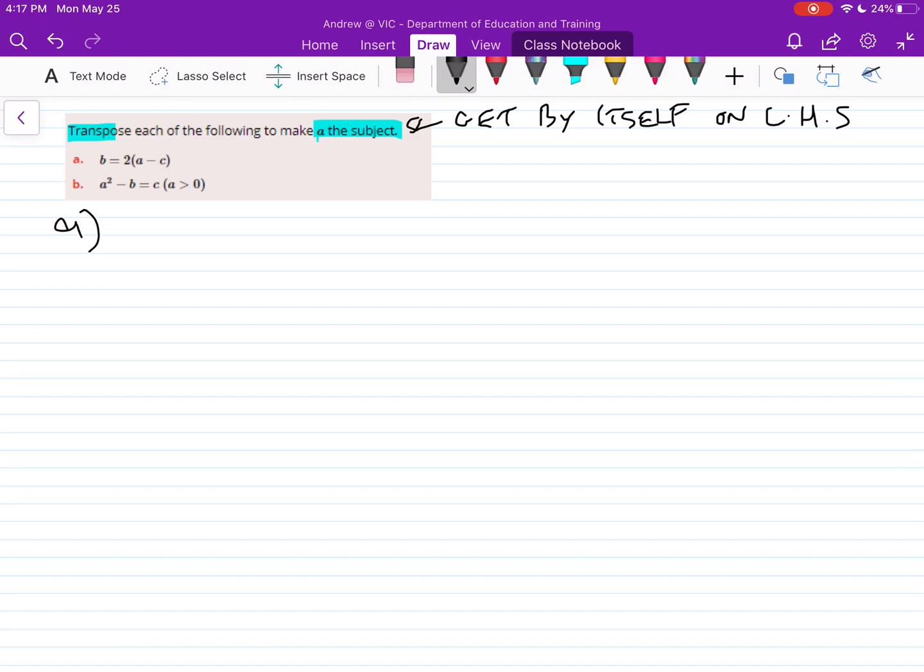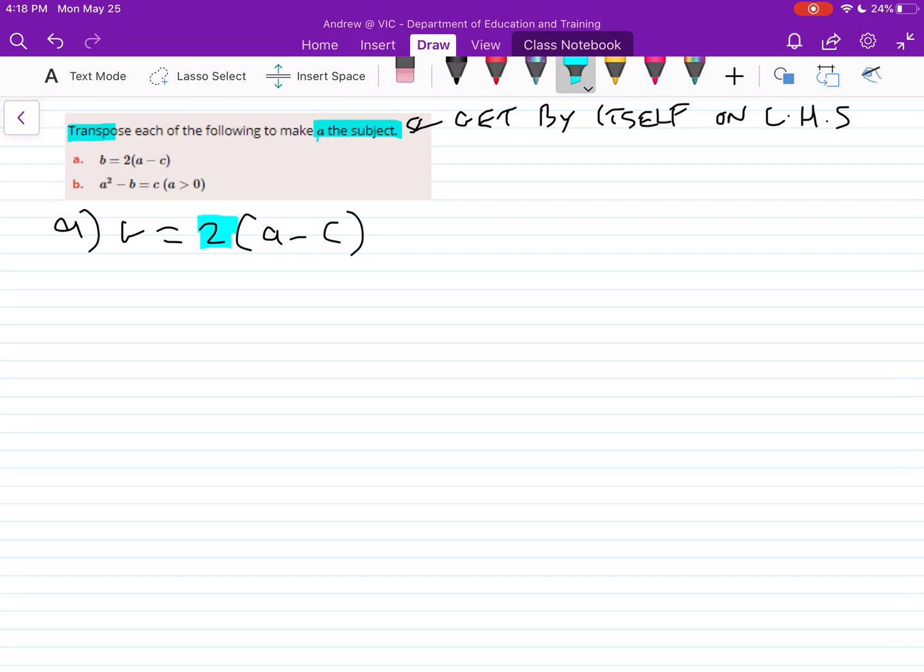So firstly, b is equal to 2, and then in brackets, a minus c. Okay, so firstly we want to get the little a by itself. So here we've got this 2 here, and this is multiplying all of this, so this is actually the easiest thing to get rid of first.